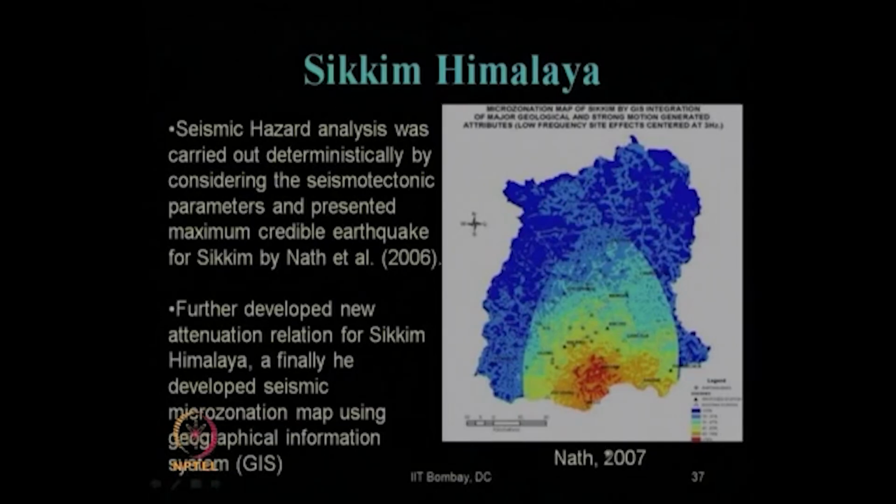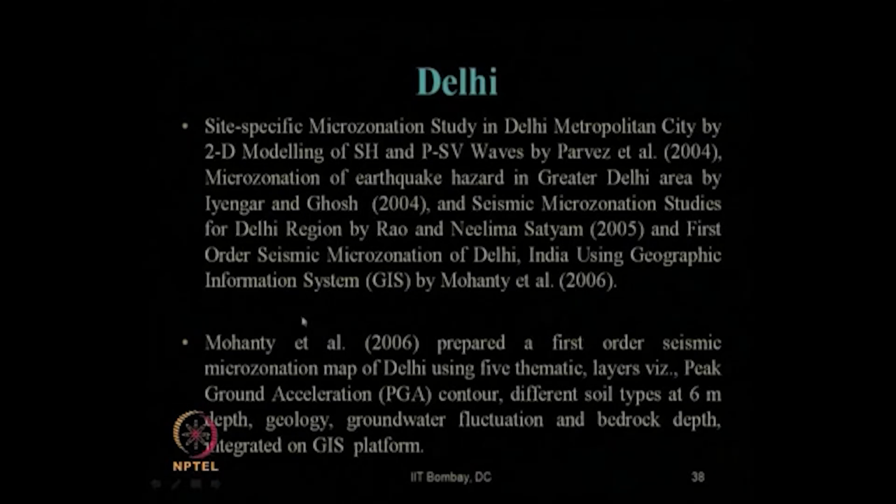For Sikkim Himalaya, as given by Nath et al. in 2006 and Nath 2007, this is the seismic hazard map. For Delhi city, there are several researchers as mentioned over here: Parvez et al. 2004, Iyengar and Ghosh 2004, Rao and Nilima Satyam 2005, Mohanty et al. 2006 and so many other researchers.